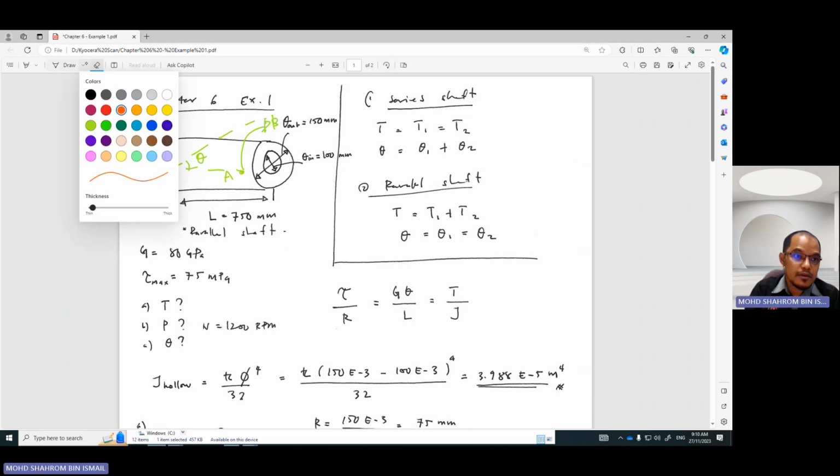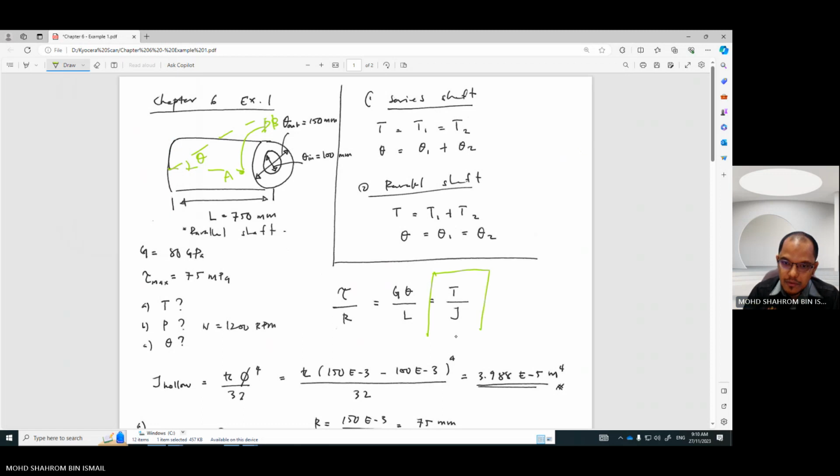Then kita pergi kepada our third expression lah. Our third expression is this one. This is the third one.